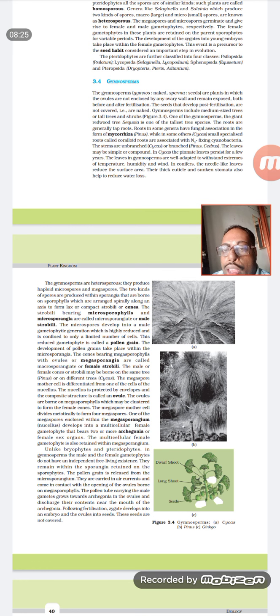And another thing, when we compare gymnosperms with bryophytes and pteridophytes, many of them are existing free living, and they started to move according to the air current. That means pollination and other things started to depend upon the air current, and pollen tube growth is first seen inside the gymnosperms.